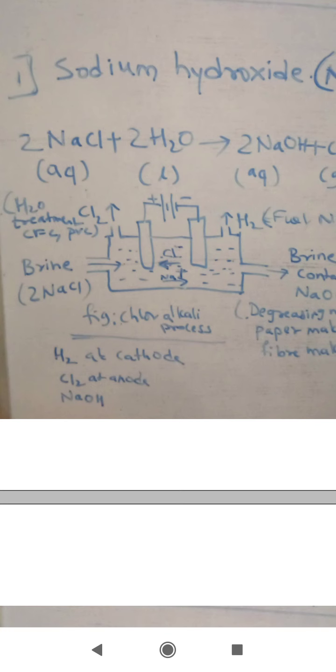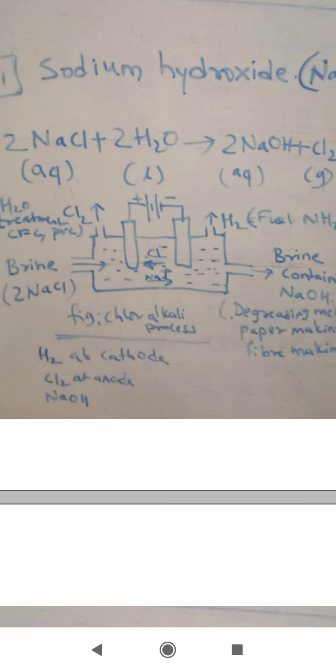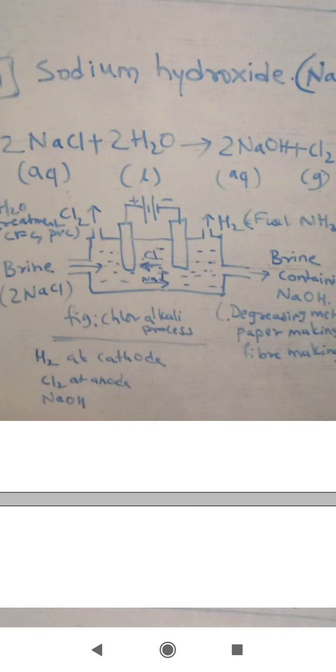One which is connected to the plus sign of the battery is called the anode, and the other which is at the negative terminal of the battery is called the cathode. The right side is the cathode rod and the left side is the anode rod.